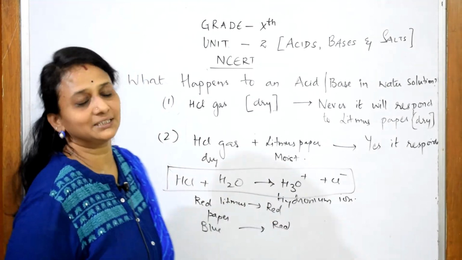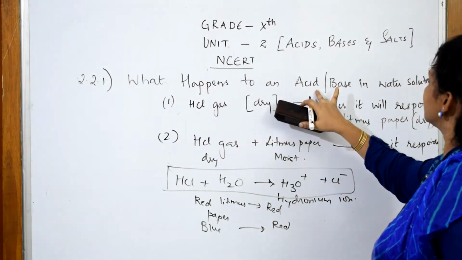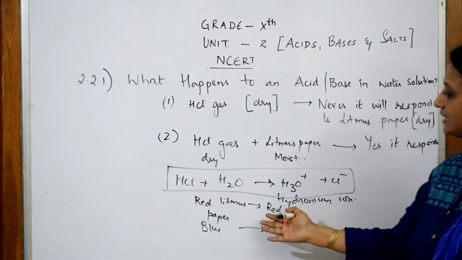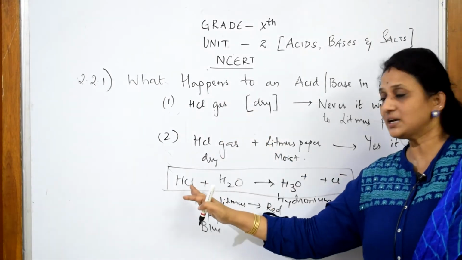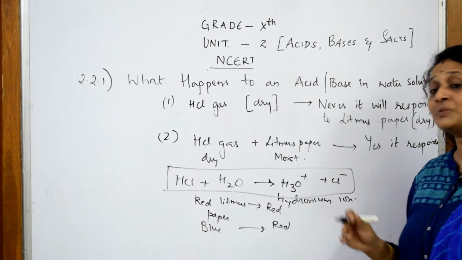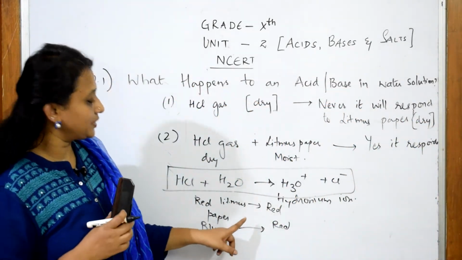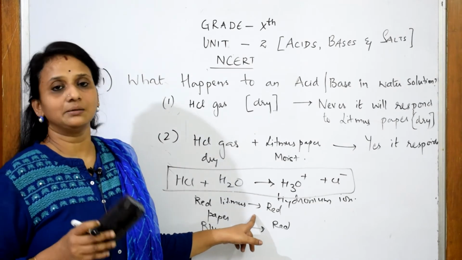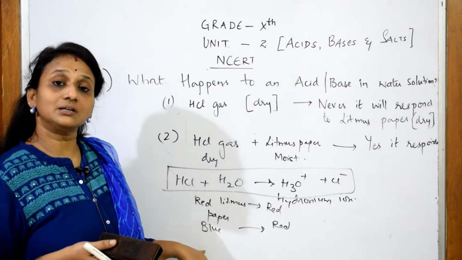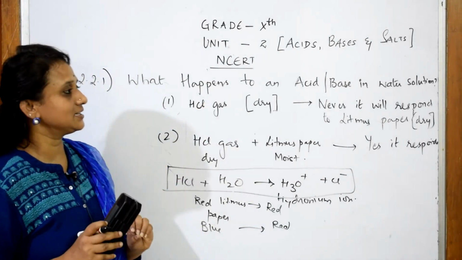This is the concept. Simple, isn't it? So what can we answer to this? What happens to an acid in water solution? I'll write the answer. An acid in water solution is going to form hydronium ion. When red litmus paper is dropped into this, red remains red because it is an acid. Blue turns red because it is an acid. Simple concept. I answered it.